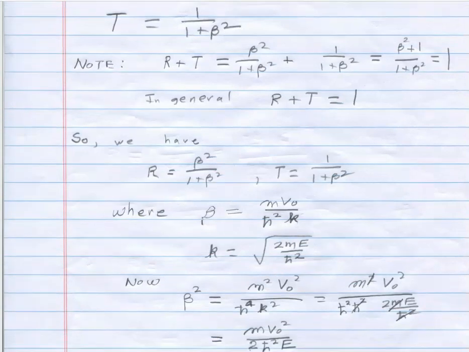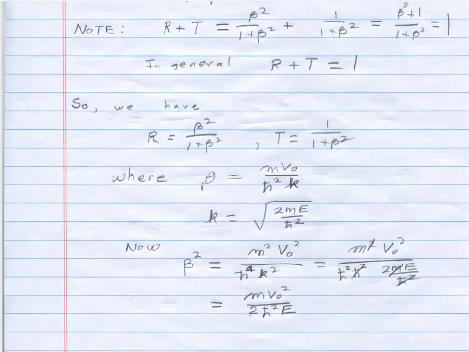Sometimes it's convenient to have these expressions in terms of the original energy and V naught. If you recall, beta is m V naught over h bar squared k, and k was the square root of 2mE over h bar squared.